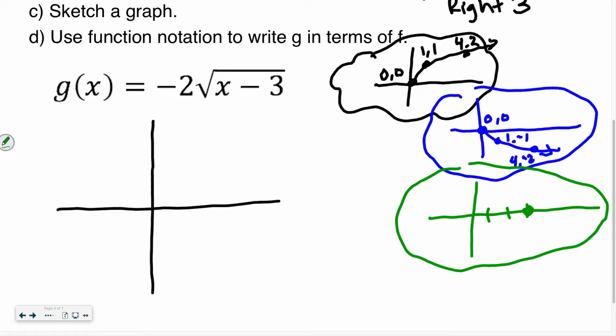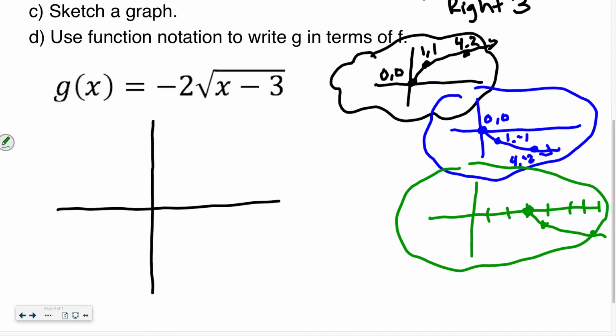Okay, and where am I? 1, 2, 3, 4. Okay. So now I have these new points that are going to be on that graph as I shift it right 3. The last thing I have to do, and it doesn't really matter what order you do this, is my vertical stretch.